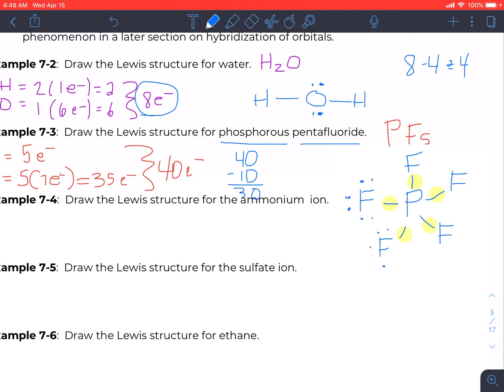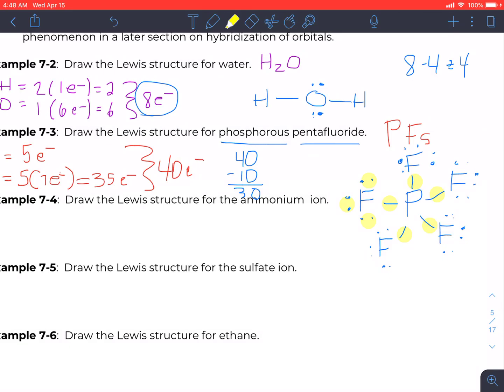So we'll draw them as pairs. Okay, and so these are dots around. So each fluorine now has 4 pairs of electrons, either bonded or non-bonded, and we can count our total.